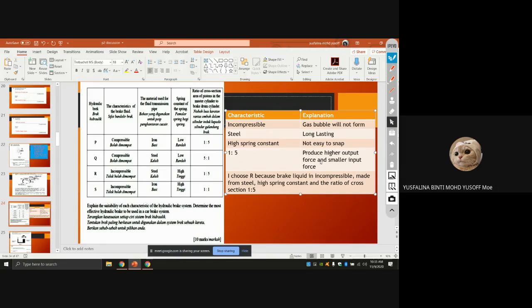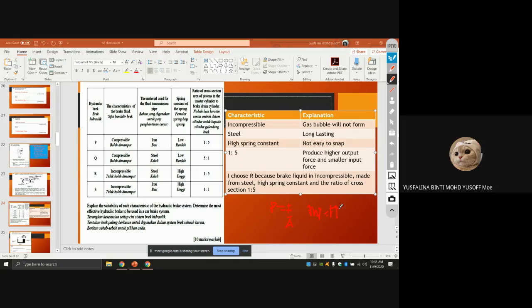This one actually depends on the cross-sectional area. You know the formula P equals F over A, so PA equals F. If the area is higher, the force also must be higher.